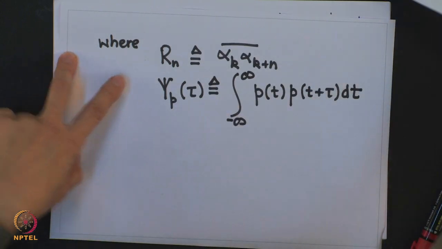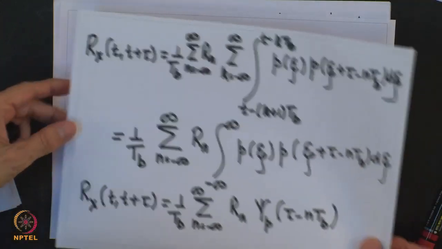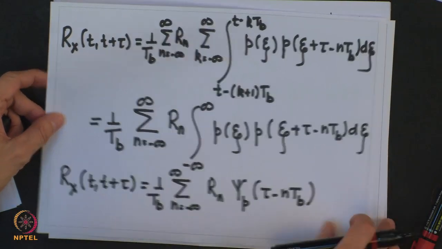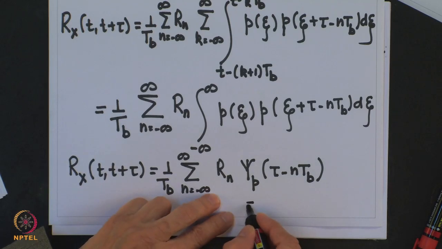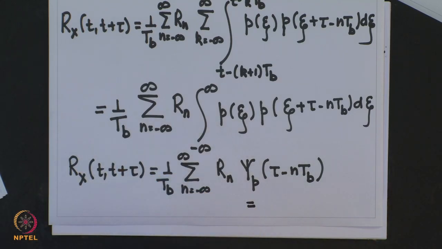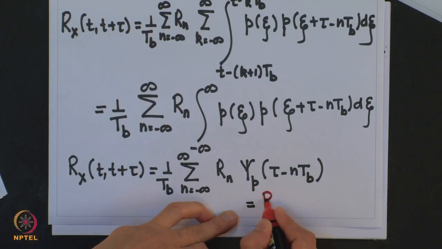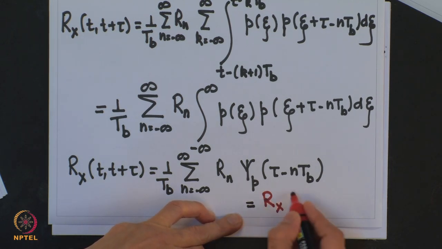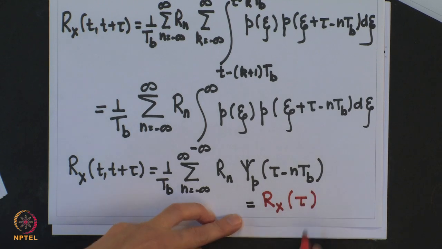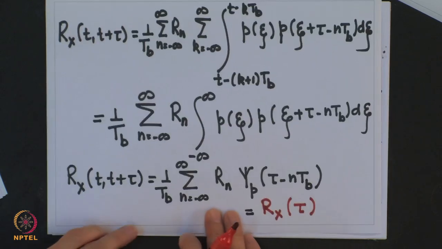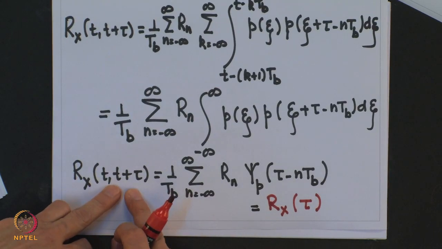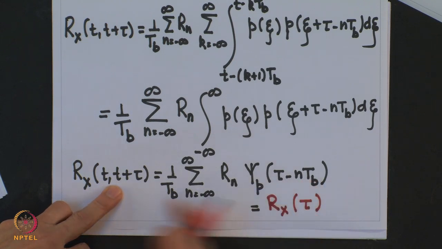Now with this definition, what this shows is that this quantity out here is equal to R_x(tau) because it is not a function of t.